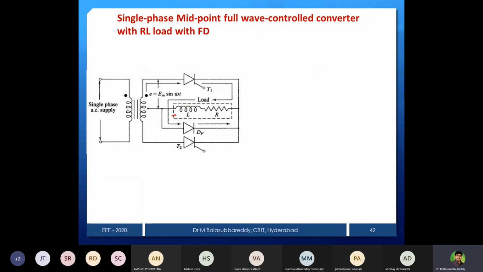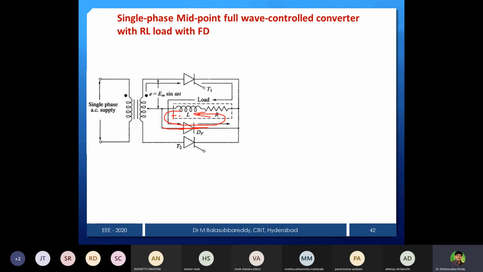Now you can see this one is plus, this is minus. Plus is connected to the anode of the diode, minus is connected to the cathode of the diode. Then the diode will be forward biased and starts conducting. Whatever energy is stored in the inductor is dissipated through this path: inductor, freewheeling diode, and then resistor. So gradually the energy is going to be dissipated.